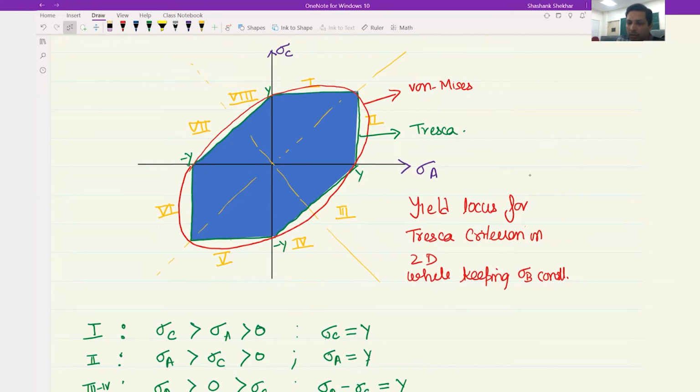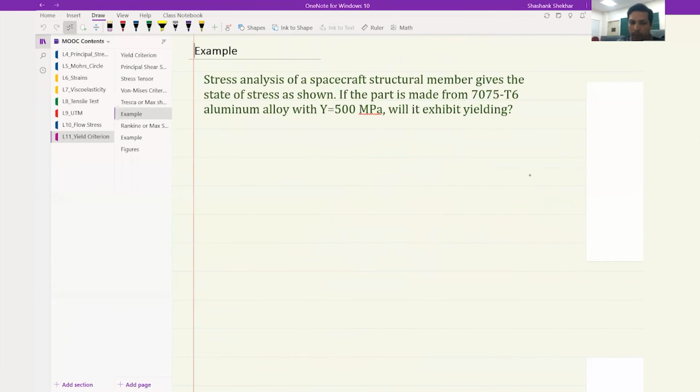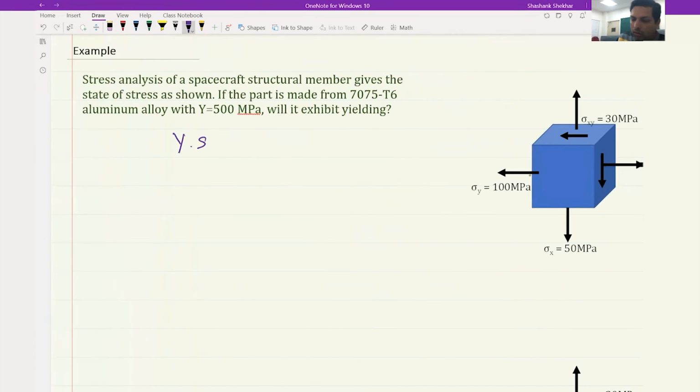Now let's look at one example to understand this. Let's say you are given the stress analysis of one of the particular components in a spacecraft, and you are given that the yield strength of the material is 500 megapascal. So first let's write it. Yield strength is equal to 500 MPa.